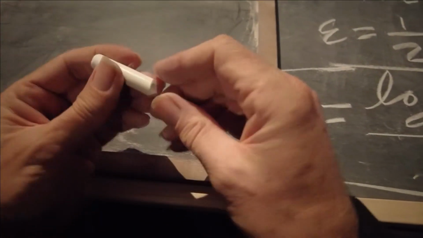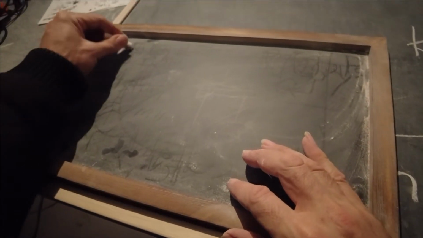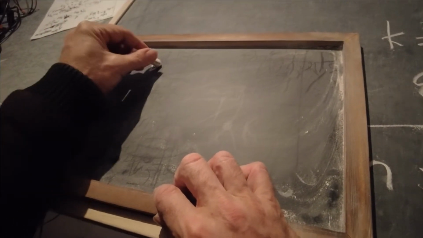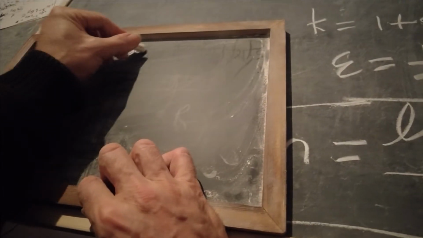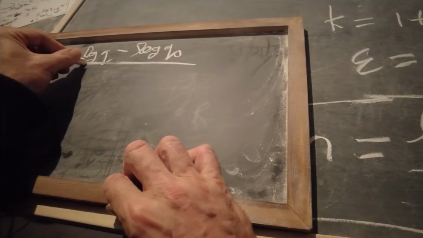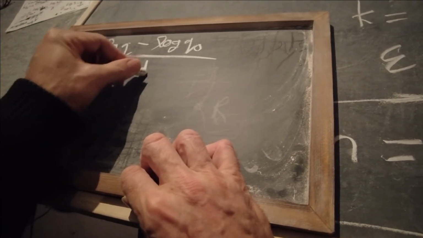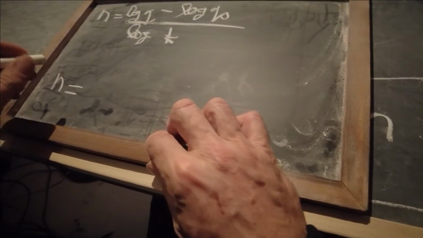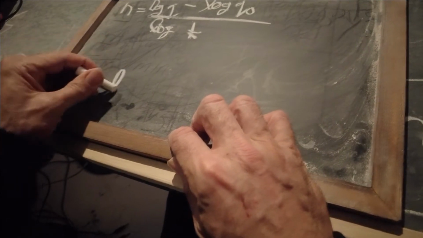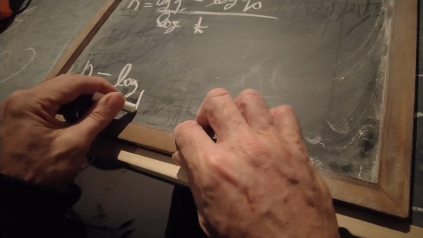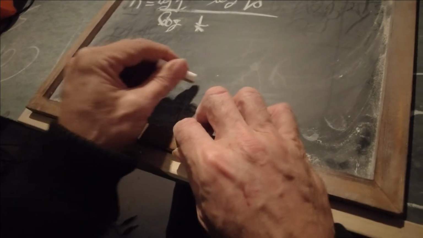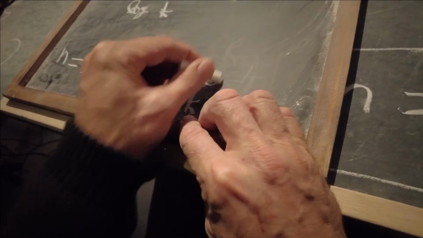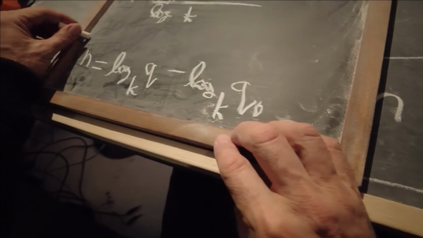And that is to say that n equals log q minus log q0 over log k, and maybe in a more convenient form we'll simply write that n equals log base k of q minus log base k of q0. It's simpler maybe just to think of the logarithm as the base.